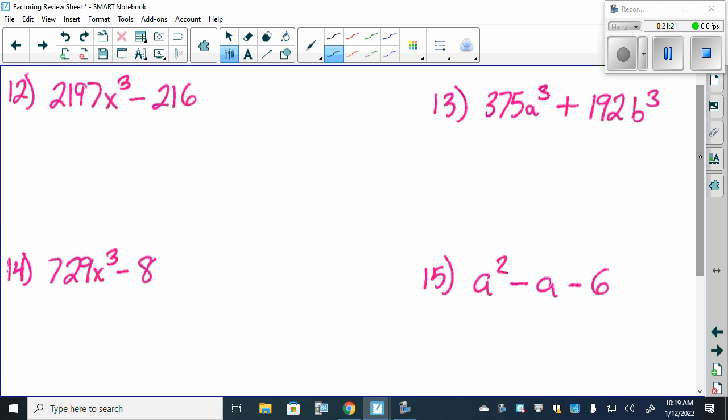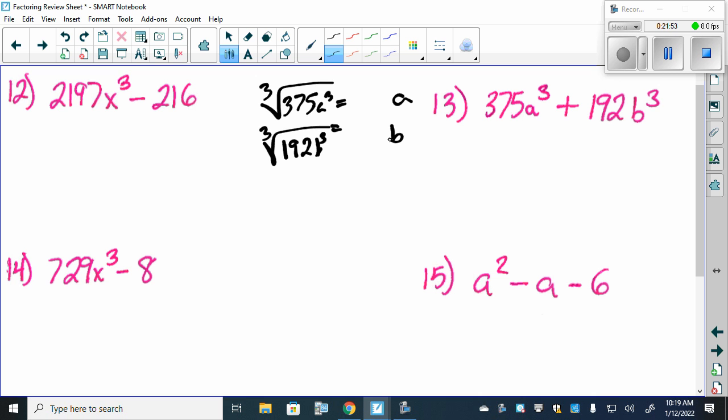Questions on 12, 13, 14, or 15? Well, 13? So what we want to do is check and make sure we can take the cube root of both terms, 375a cubed and 192b cubed.